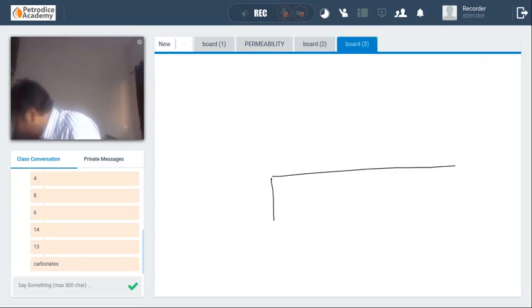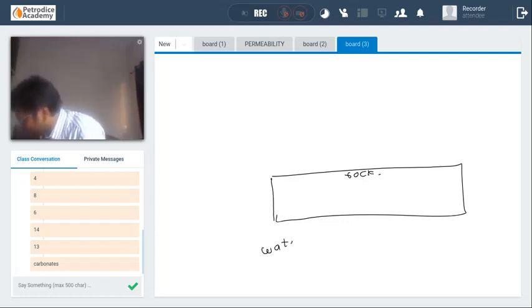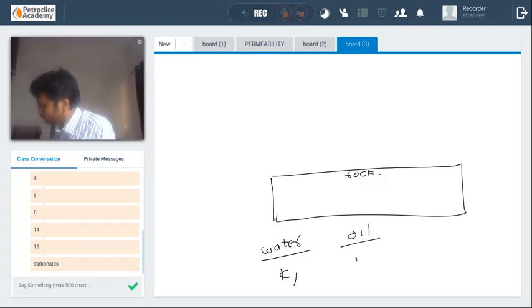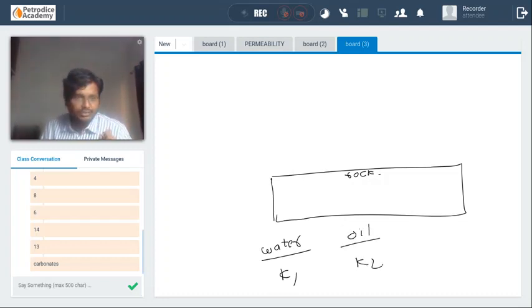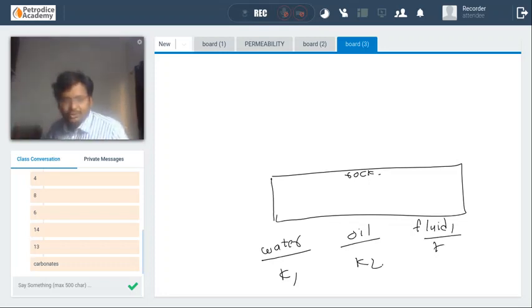Guys, consider we have taken a rock. Using water, we found the permeability to be K1. Using oil, we found the permeability to be K2. We are assuming we are using a single fluid fully saturating the rock, whether water, oil, or another fluid like paraffin oil.